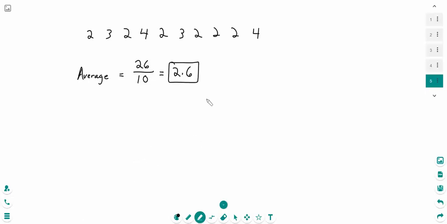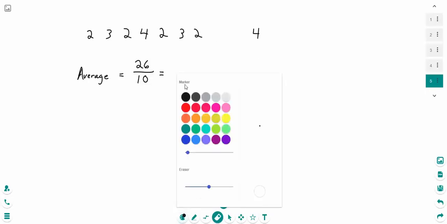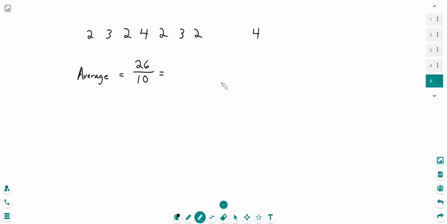Okay? And you know what? Actually, just to make this a little bit easier for this particular example, sometimes it's nice if we don't have to deal with decimals. So let's just change one of these numbers here. We're going to say that these two numbers actually are going to be 4s.